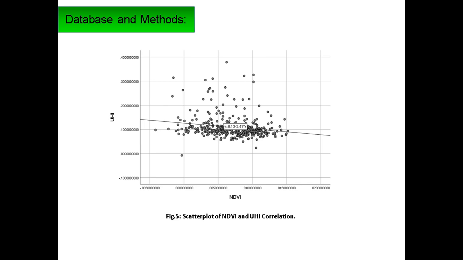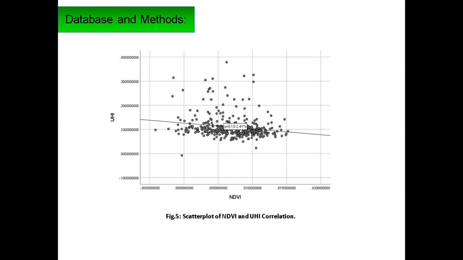Linear regression is a linear model that assumes a linear relationship between the input variables x and the single output variable y. And here x is NDVI, as I told you, and y is UHI. Based on extracted data from the input raster and modeling in SPSS, the following scatter plot is produced.